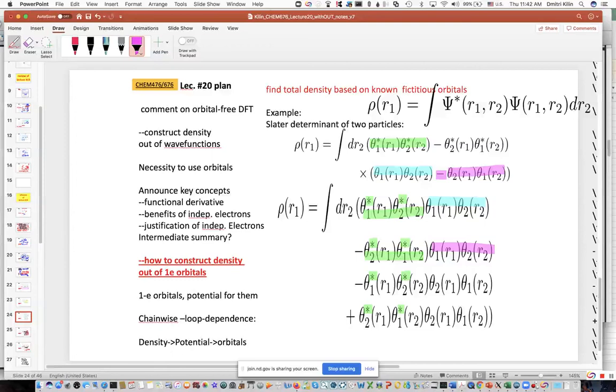Then we get the second pair with star, with minus sign, times the first pair without star.